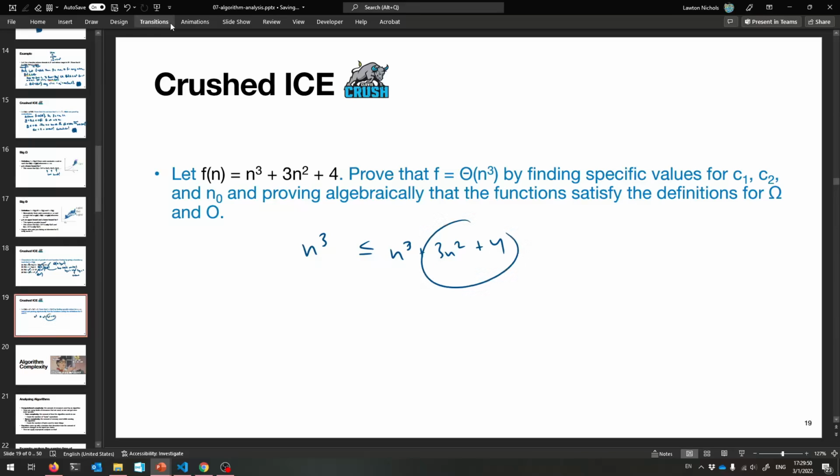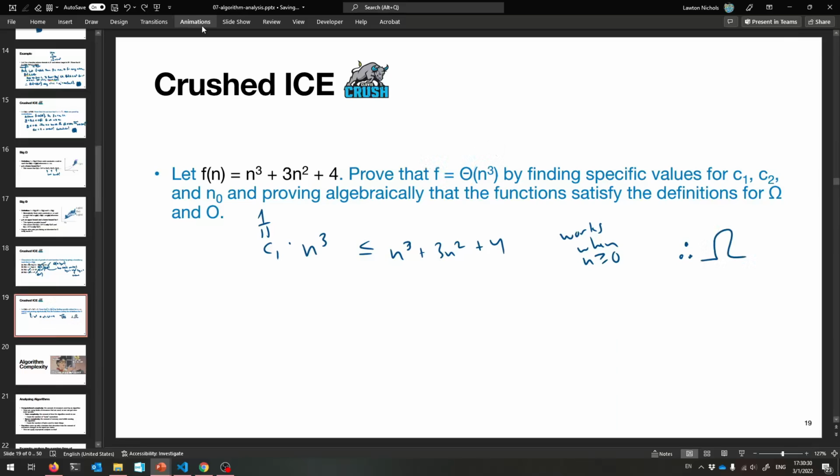So this always works when n is greater than or equal to 0. It's always true. And that means that here's a nice constant out in front of n cubed. I needed to find some constant C1. I didn't need one. It's just 1, right? I can just make it 1. And this is a true statement. Yeah? So that gives me big omega. I know that f is big omega of n cubed.